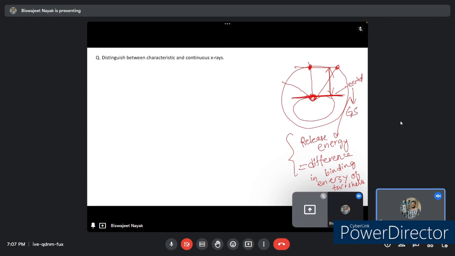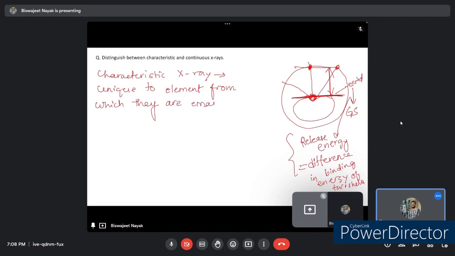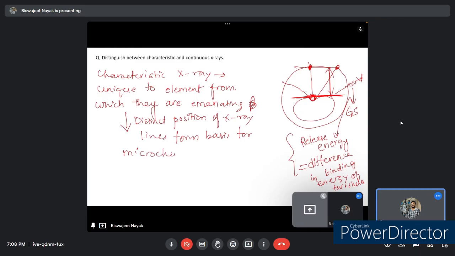So we may say they are unique to the element from which they are coming, and this distinct position of X-ray lines forms the basis for microchemical analysis.